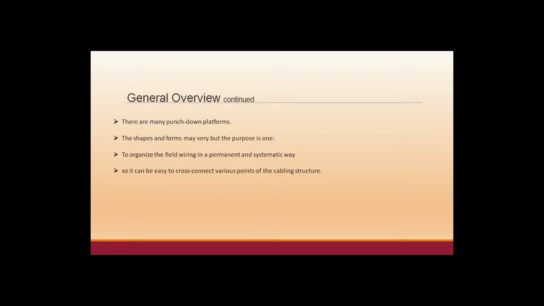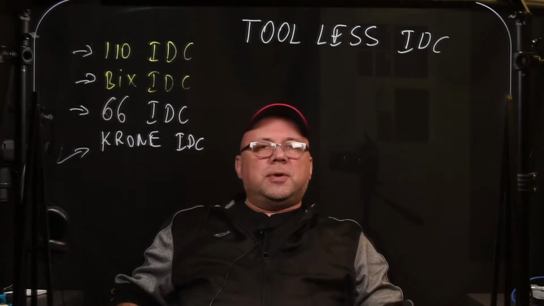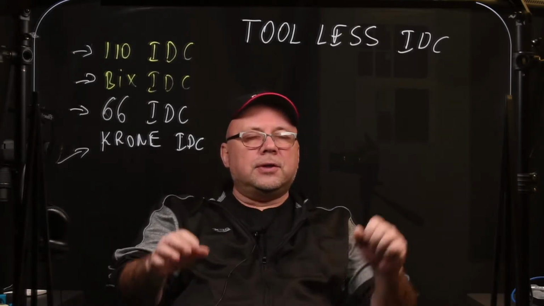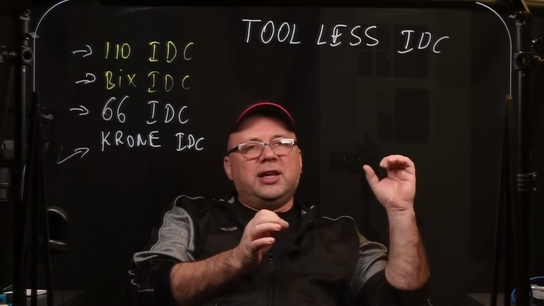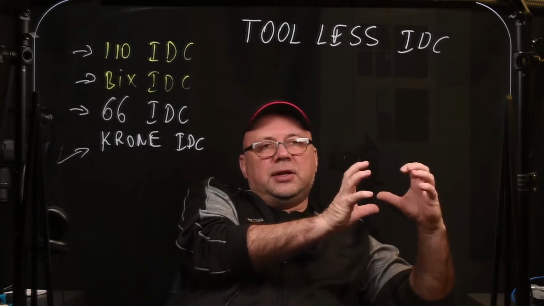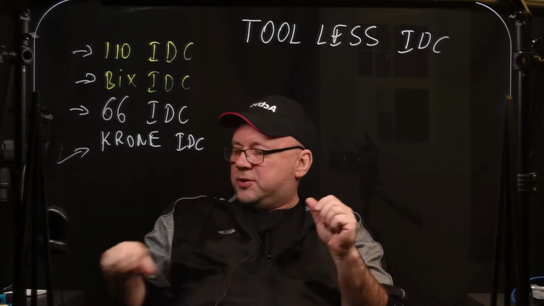So it can be easy to cross-connect various points of the cabling structure. Physically permanent cabling structure makes it possible for the cable runs to be tested and or certified. What do I mean by that? Well, if you are running a permanent installation, you permanently connect into a patch panel. And what is a patch panel?